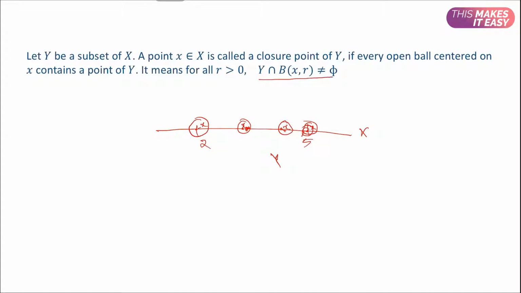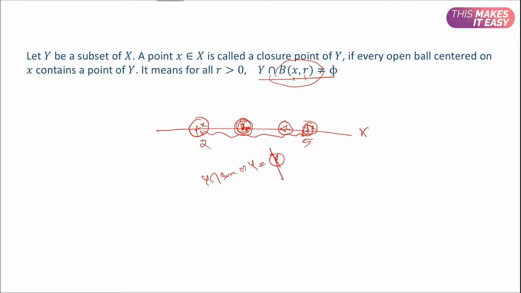In mathematical language, y is all these elements between 2 and 5. The intersection of y and the ball B(x, r) is not empty, where x is the center and r is the radius. If I take a ball here, B(x, r) will contain some points in y, so the intersection will not be empty.